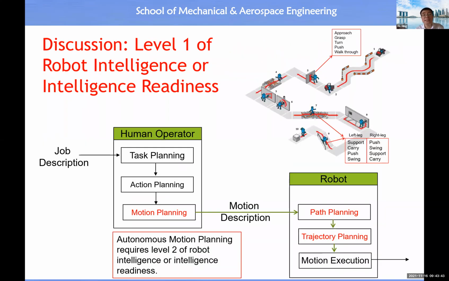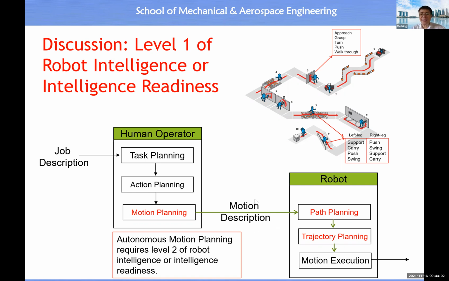However, in research, we are able to reach this level. That means level 1 of robot intelligence, or intelligence readiness at level 1. So this scenario corresponds to this situation.